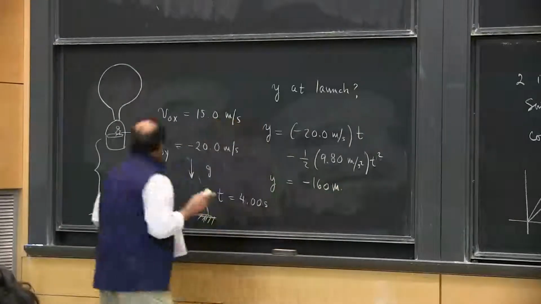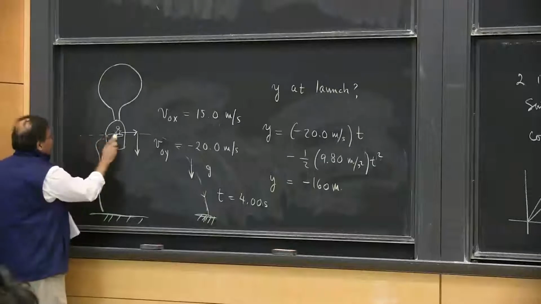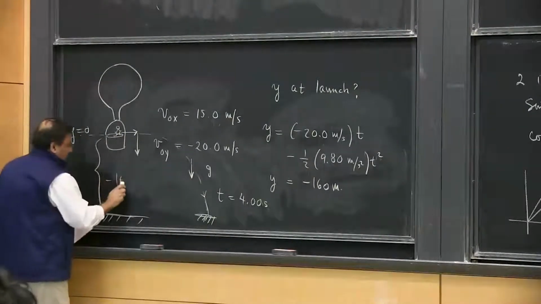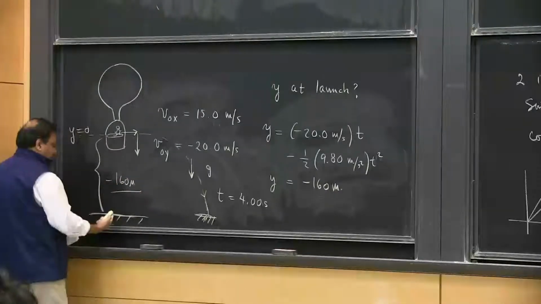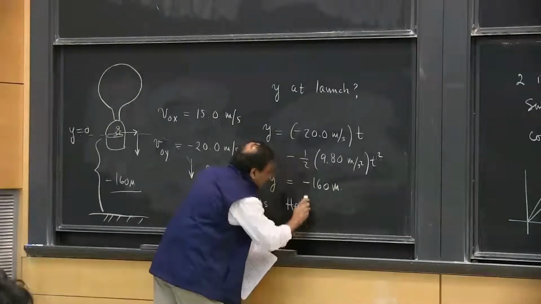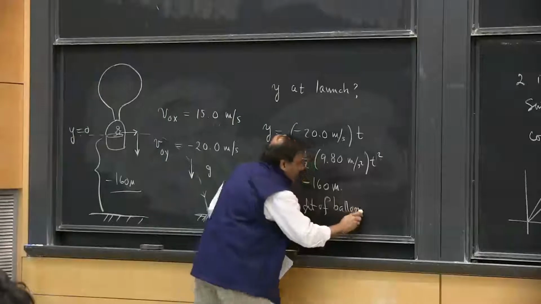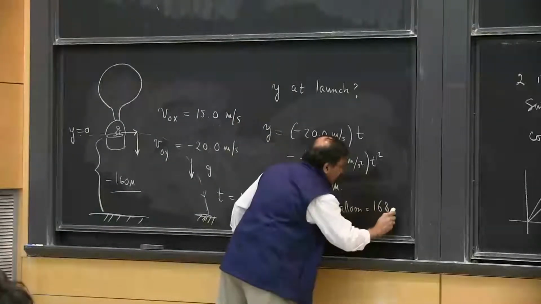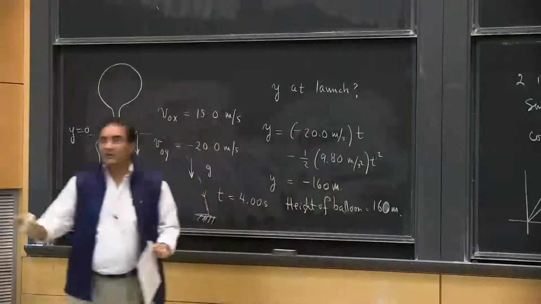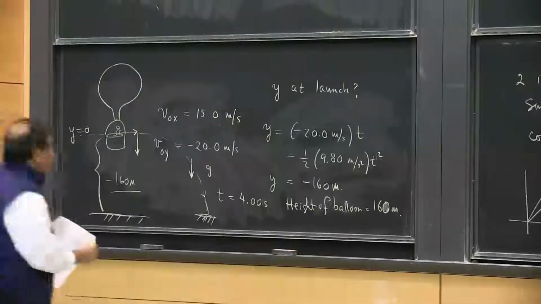That comes from the fact that wherever I'm releasing this, I'm setting locally y equals 0. So this height will come out to minus 160 meters. Which means, as far as height from ground is concerned, the height of the balloon would be 160 meters. Actually, the exact calculation is 168, but we round it off. Okay, so that's pretty easy to do.